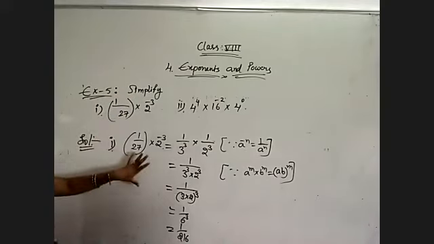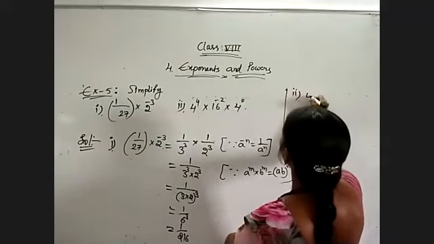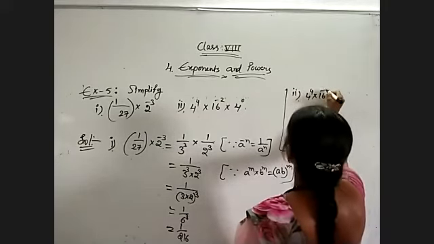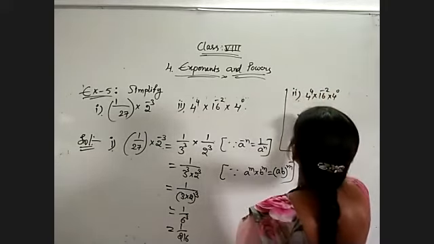Now coming to the second one: 4 power 4 into 16 power minus 2 into 4 power 0. Just observe here, 4 power 4 has base 4, here also 4 is the base, but 16 we can write in terms of 4s, and we can also write it in terms of 2s. 4 4s are 16, so 4 square is 16. So I am writing 4 power 4 into 4 square whole power minus 2.